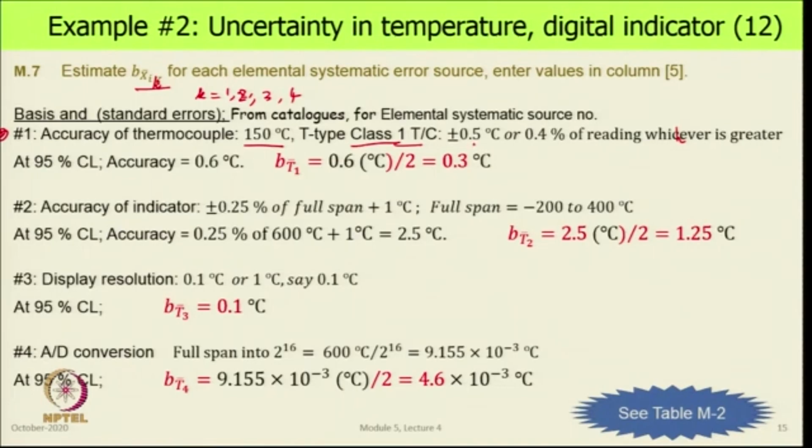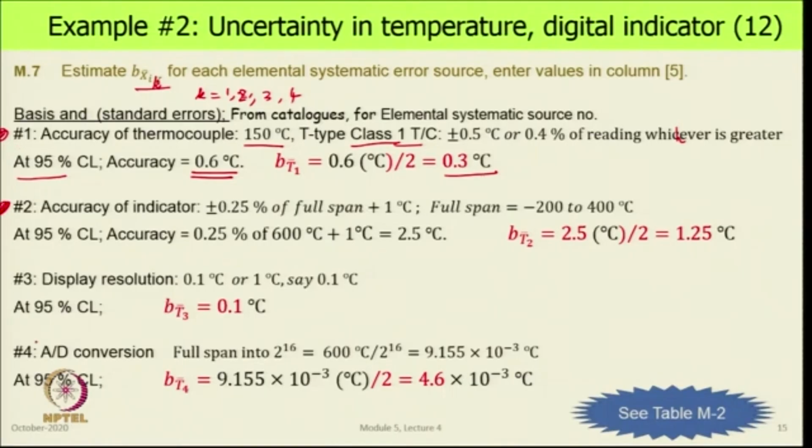This is greater than 0.5 degrees Celsius. So, we use this value, and assuming that this is a reported number at 95% confidence level, that is 2 sigma, the elemental standard error due to accuracy of the thermocouple is 0.6 divided by 2, which is 0.3 degrees Celsius. That is systematic uncertainty source number 1.